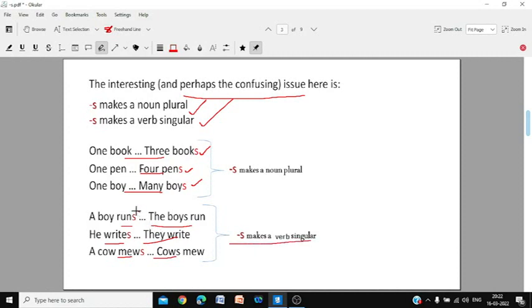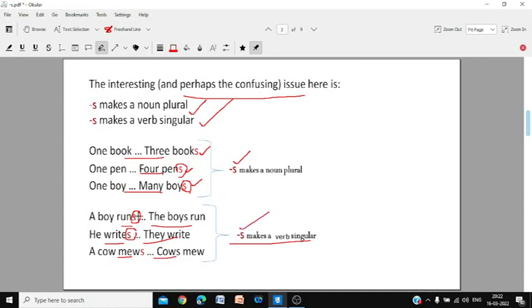If S is present, it is a singular verb. The presence of S makes the verb singular, but in noun it is just the reverse. The presence of S makes it plural. So in noun, S means plural, and in verb, S means singular.